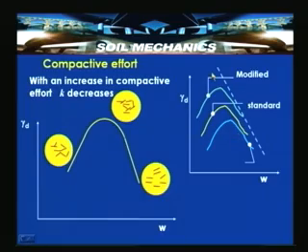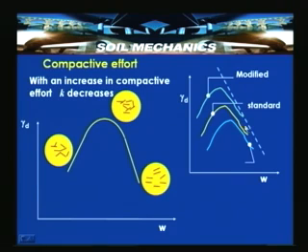With an increase in compaction energy, there will be a decrease in the optimum moisture content and an increase in the dry unit weight, and this line is the zero voids line. If you select a particular standard Proctor compaction, the structure can be somewhat like this, here flocculent and here dispersed.